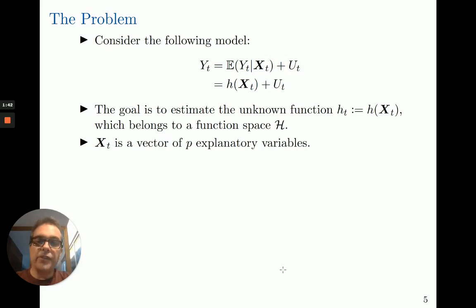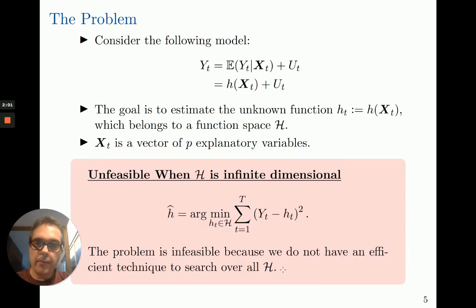Okay? In most of these lectures we are going to assume that p is fixed, so we are in a setup where p is less than T. Further, in the next lectures we are going to generalize that to allow for big p, so really large dimensional setups. Okay?